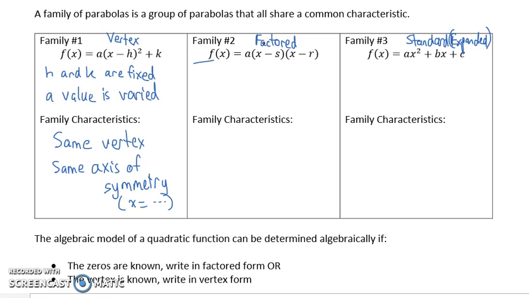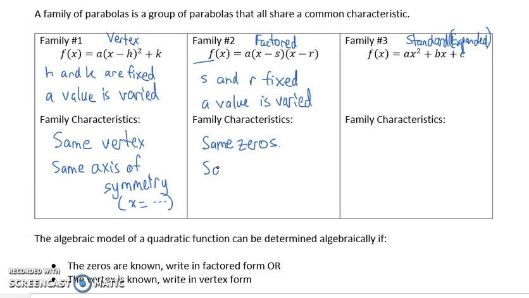We come to the factored family, and that is the case where we have s and r fixed. If s and r are fixed, and again, if the a value is varied, what we're going to find is that they have the same zeros, but the direction of opening may be varied and the vertex value may be varied, but they do have the same zeros.